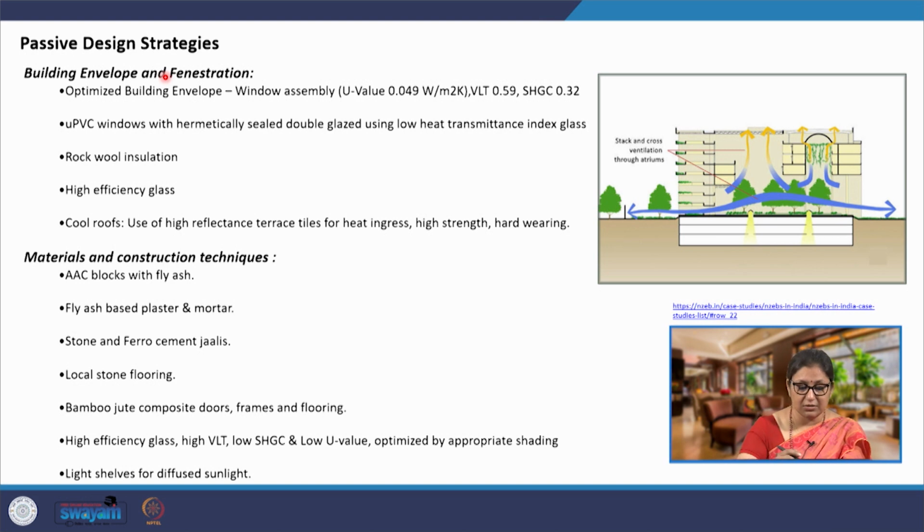Now here, though the majority of these are not going to impact the energy consumption of the building, most of these materials have low embodied energy. So this particular building is highly acclaimed for this reason: it is not just about scope 1 and 2 that is being considered here, we are also reducing the scope 3 emissions due to this construction.